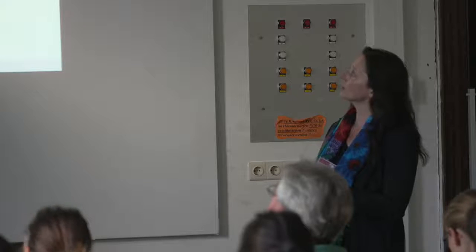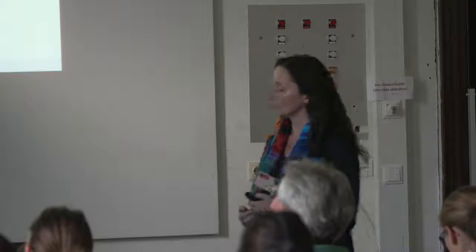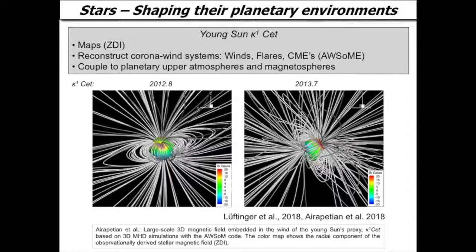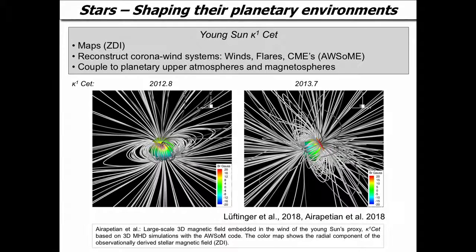So we try to cover a good age range of young solar type stars to be able to see how activity, how magnetic field, how all the other structures develop in order to be able to then do the wind modeling around the stars.